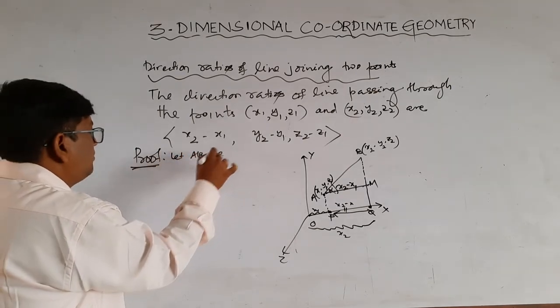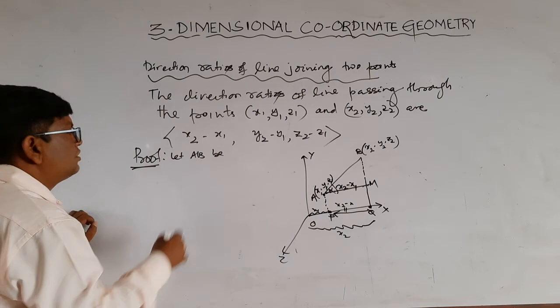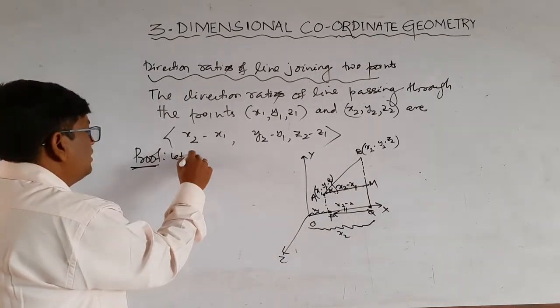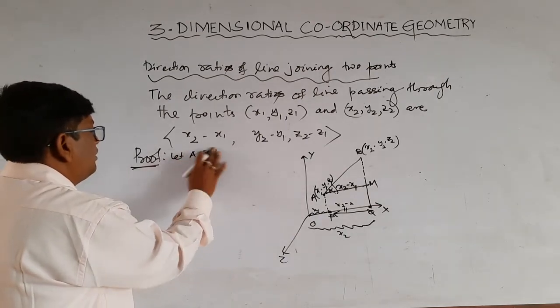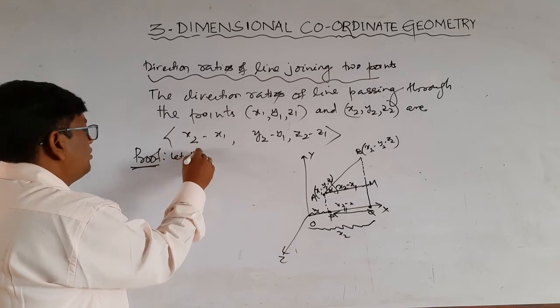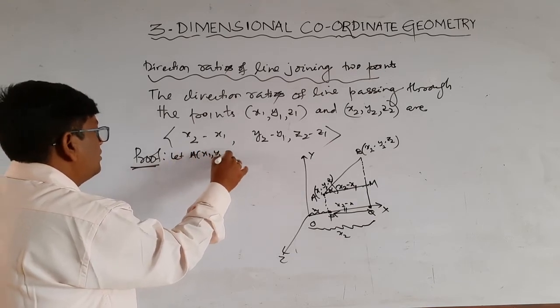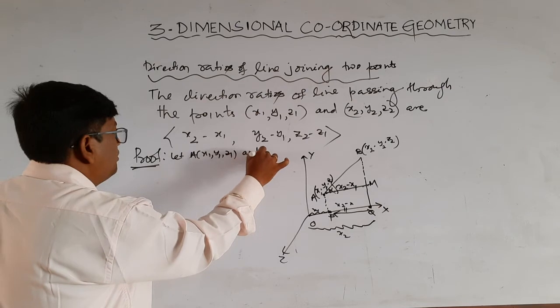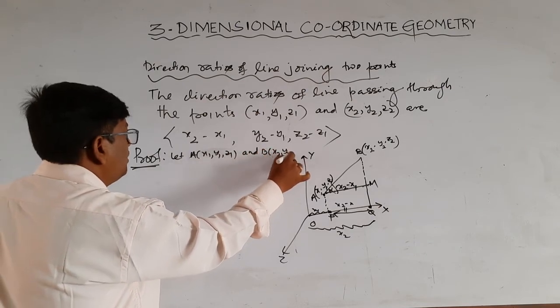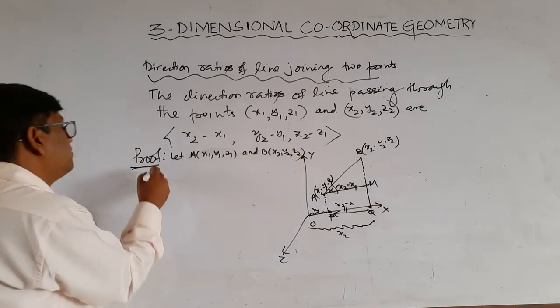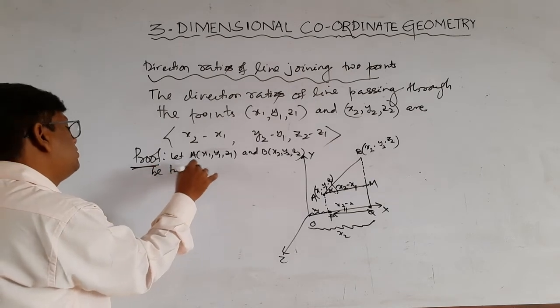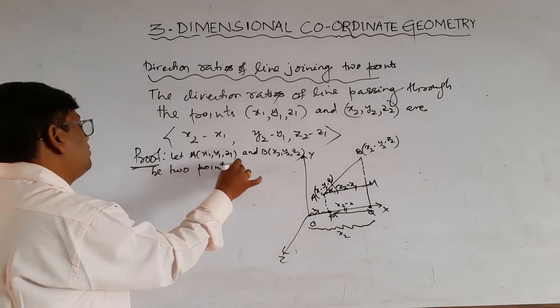Let A of x1, y1, z1 and B of x2, y2, z2 be 2 points on a line.